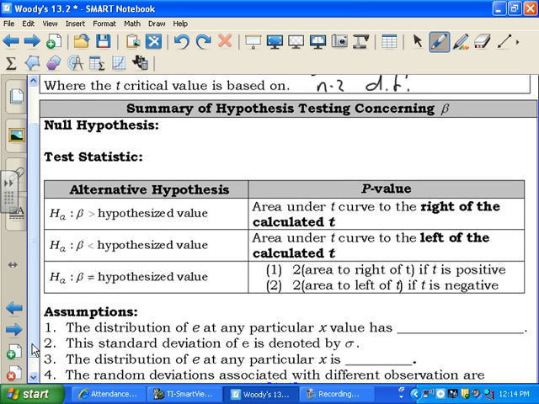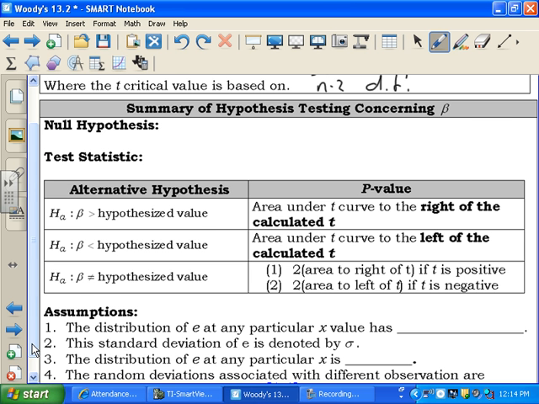Hypothesis testing still can be two-tailed or one-tailed. Is there evidence to say that the slope for this model is positive? Then we're going to be testing for greater than. Is there evidence to say that the slope is negative? Is there a negative relationship? We're going to go B is less than. Is there evidence to say that there is some relationship for slope? In other words, is there a relationship here or not?